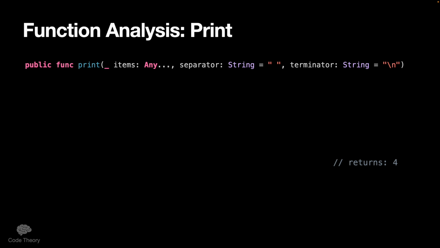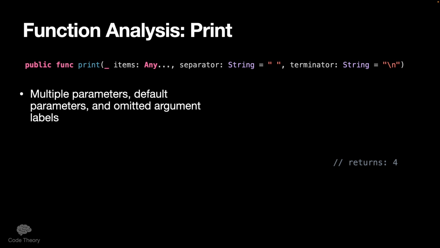All right? So you'll recognize a lot of stuff in here that we talked about. This has multiple parameters separated by commas. It has default parameters using these assignment operators. It has omitted argument labels, such as items. The parameter items has an omitted argument label, meaning that when you call print, you don't need to provide an argument label for that first parameter, right?